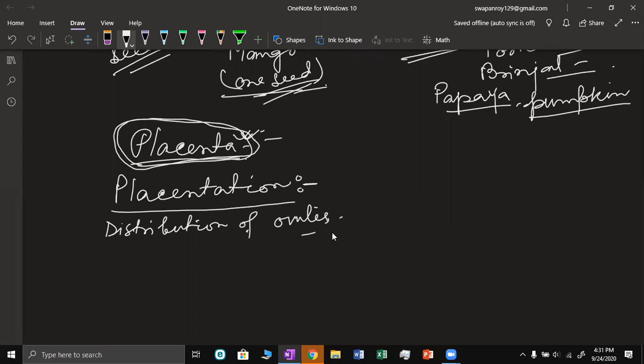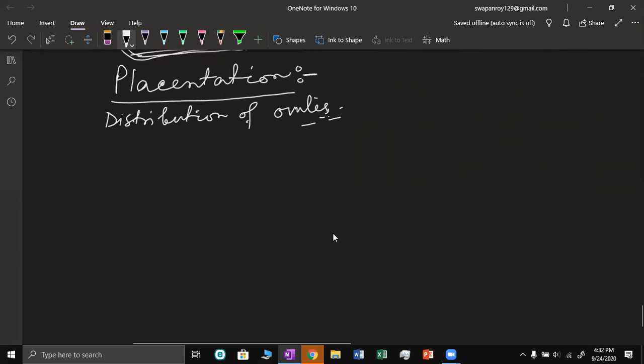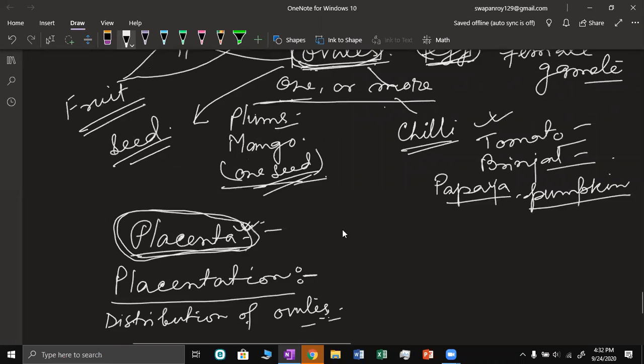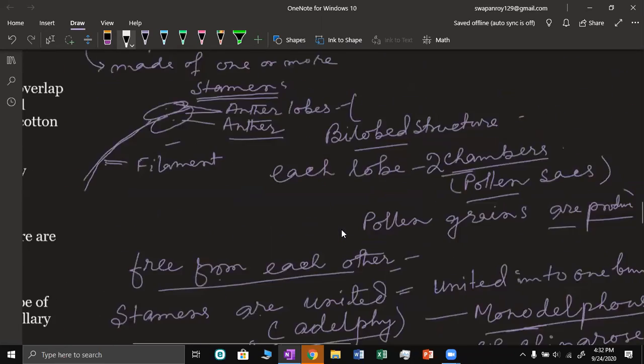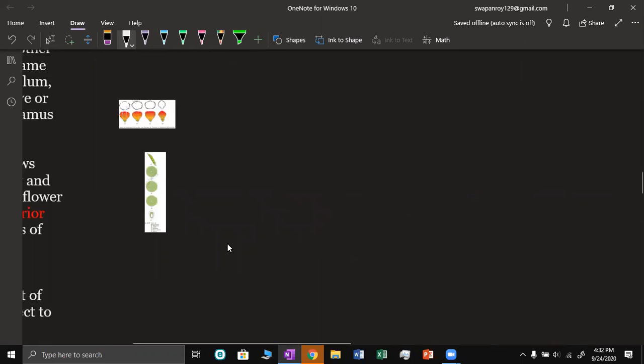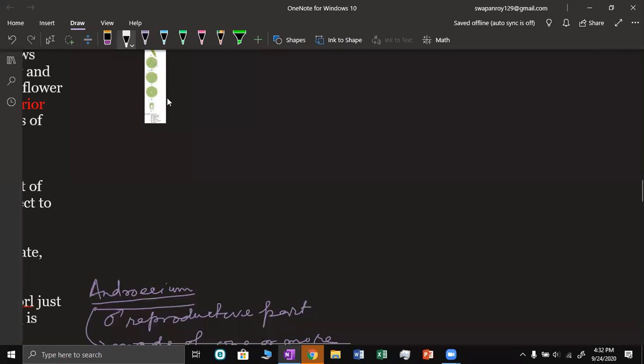If you have cut different fruits and seen carefully, you will find that the seeds within the fruit are arranged in different ways in different fruits. These are the placentation types. So let us see the different types of placentation.